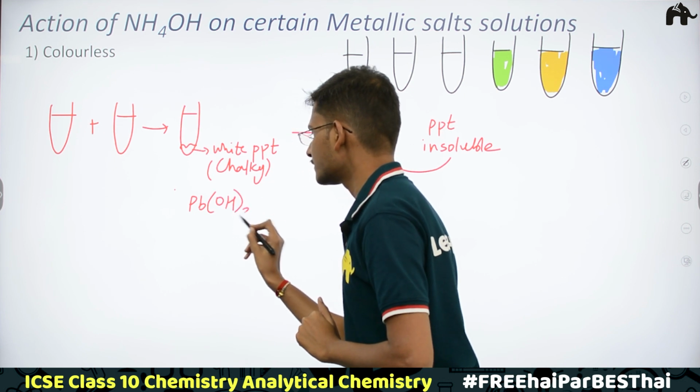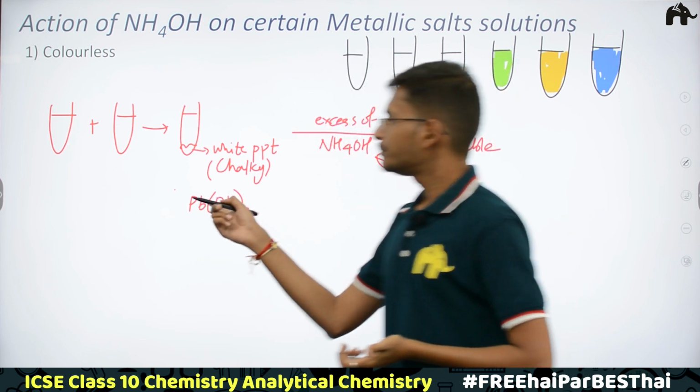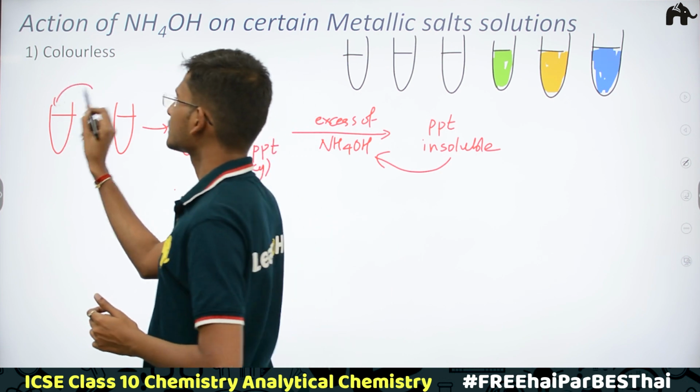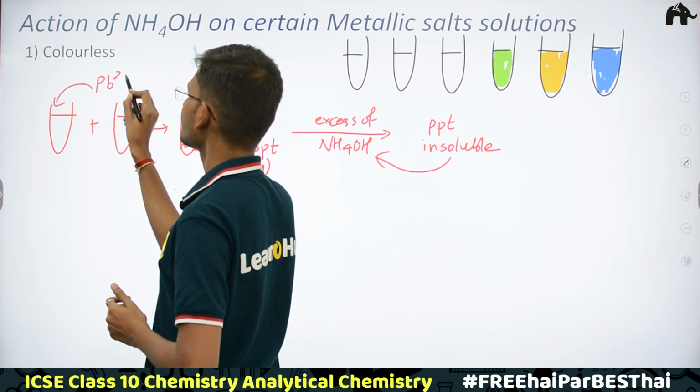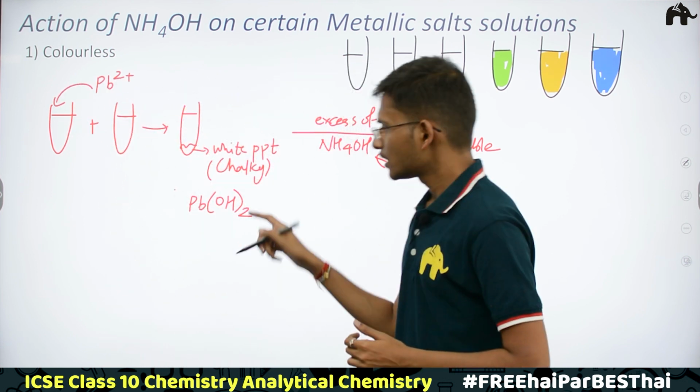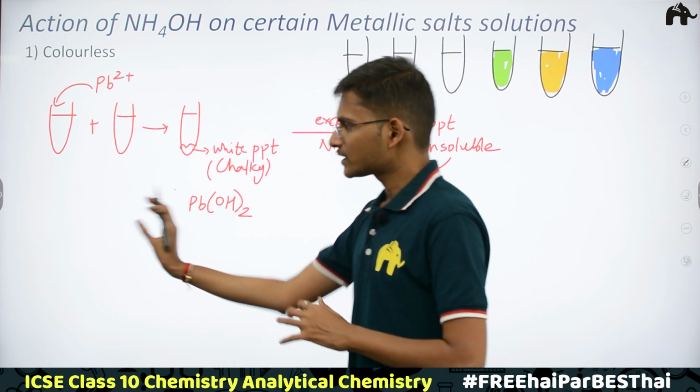Now from this we can clearly figure out that Pb2+ ions must be present in this colorless metallic salt solution. Okay, and now we all know this process, right?